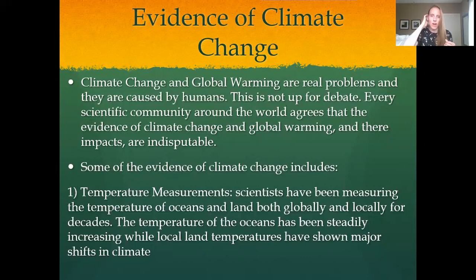So again, on land, we don't necessarily see the same constant increasing trend in every local area because there are some areas that are getting colder, but we do see these major shifts. But again, if we average all of those temperatures, they are increasing.